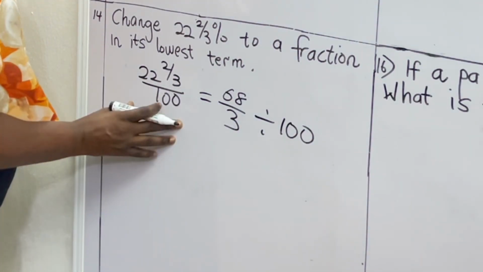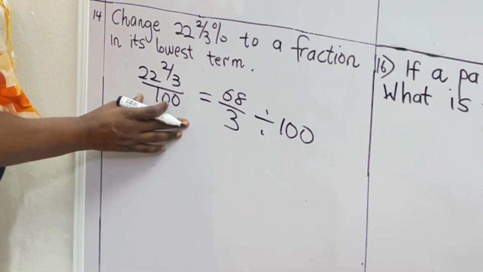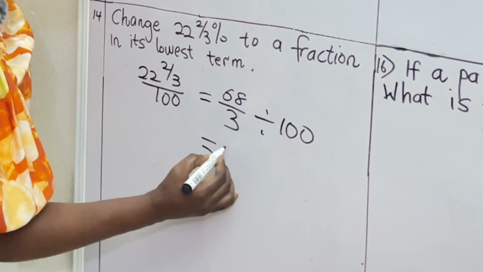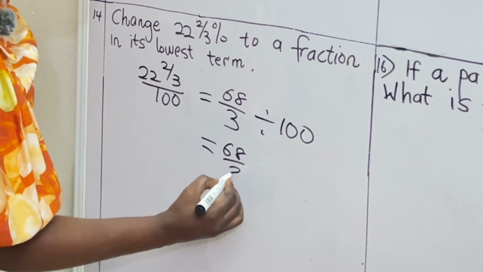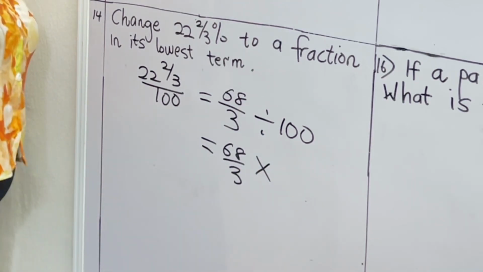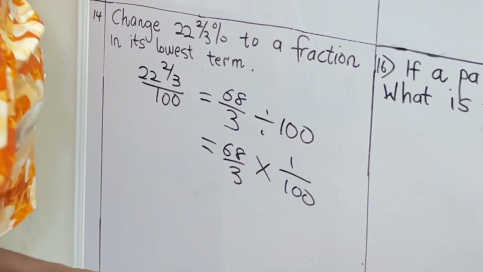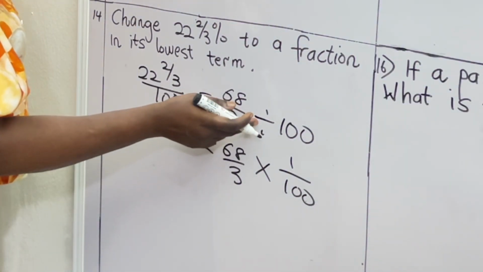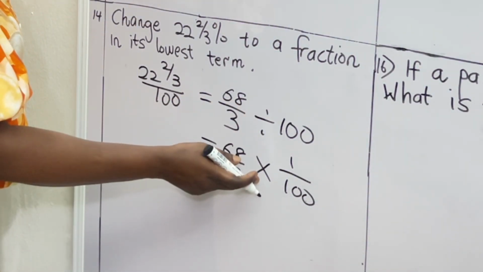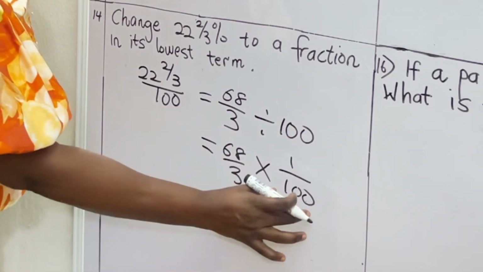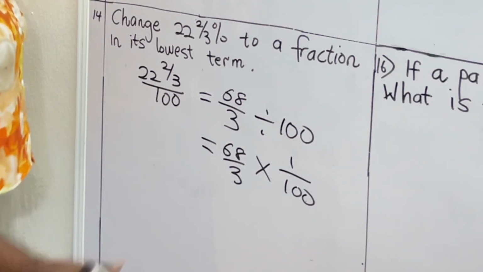Okay, so when you have this kind of complicated fraction, you simplify this way so that there will be no errors. So you have 68 over 3 times, then you find the reciprocal. That will be 1/100. When you are changing division sign to multiplication, you turn it upside down. Okay, so 100 will become 1/100.